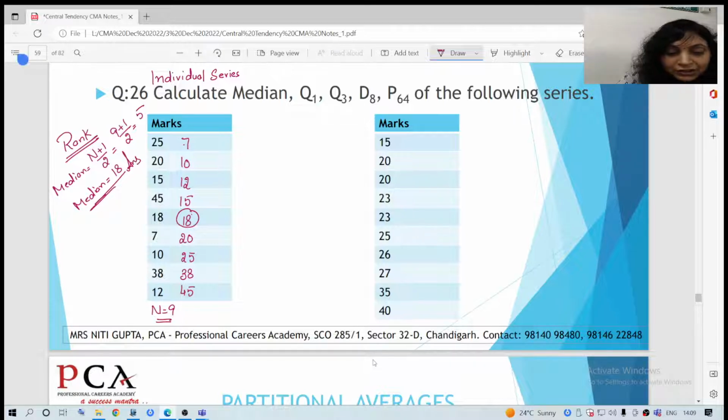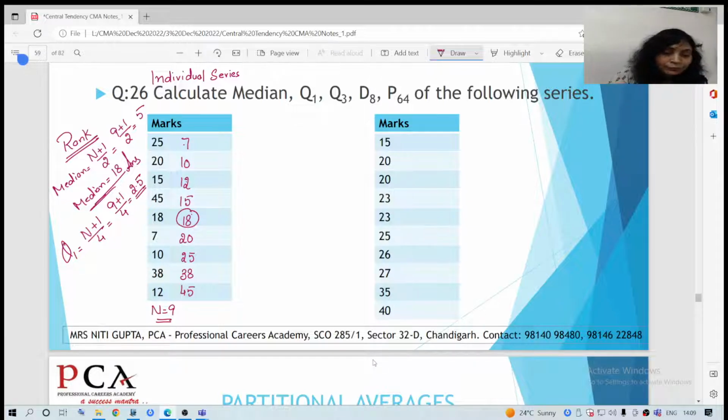So here position matters. Whatever item lies at the 5th position is the median. So our answer is 18. Second, if we want to find Q1, the rank of Q1 is n plus 1 by 4. So this is 9 plus 1 by 4, which becomes 2.5. Now this is a fractional value.